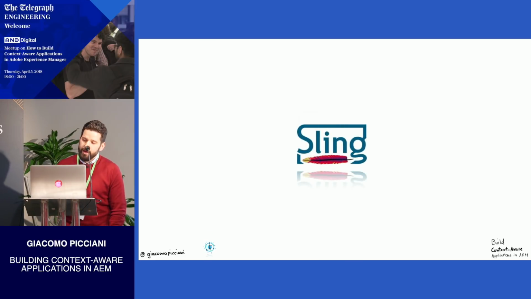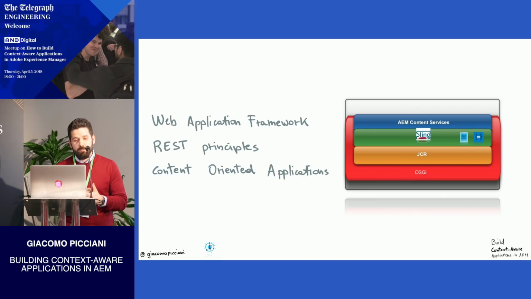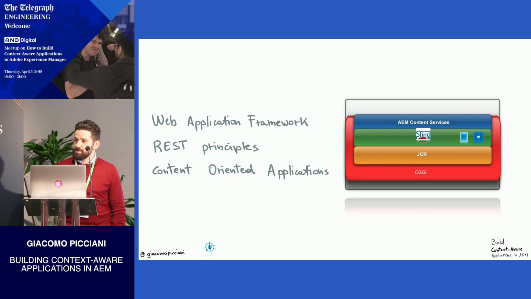Sling is a web application framework based on REST principles, and is used to develop content-oriented applications. Sling is one of the main modules of AEM, Adobe Experience Manager, and it uses a JCR repository as a data store.